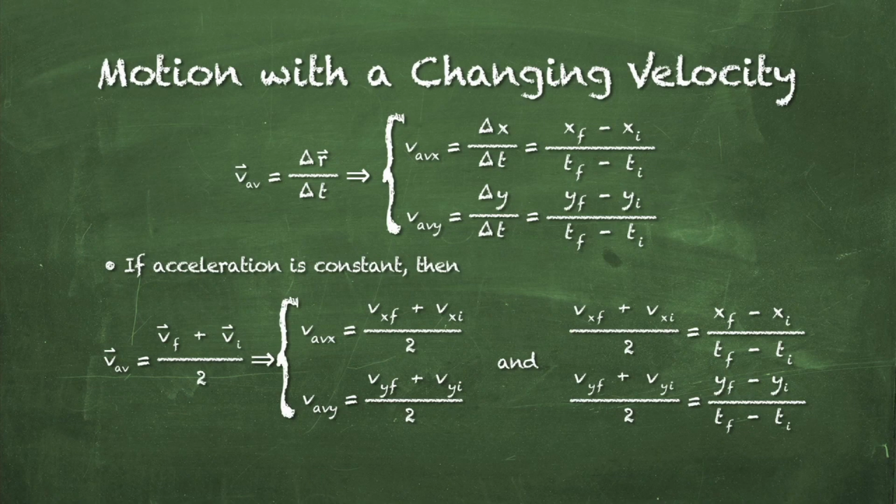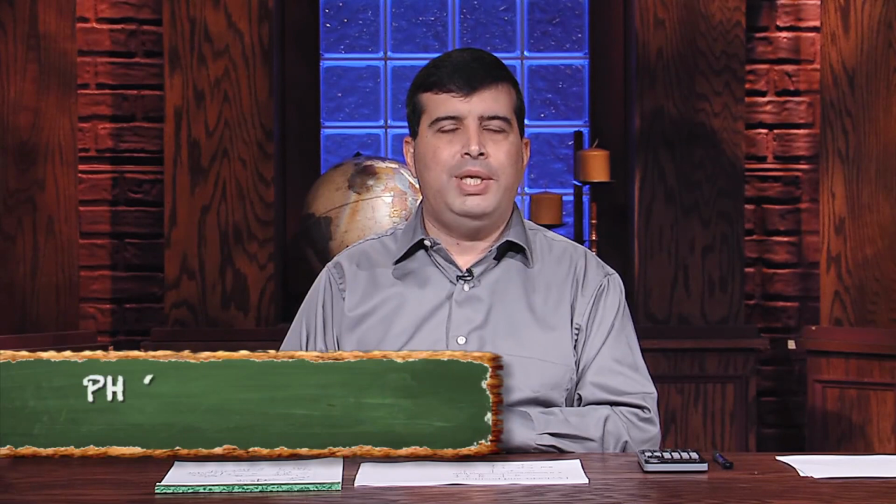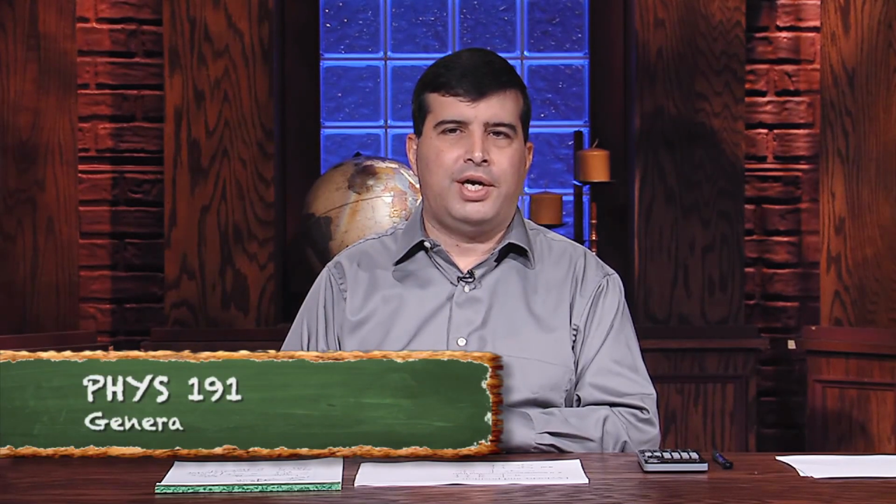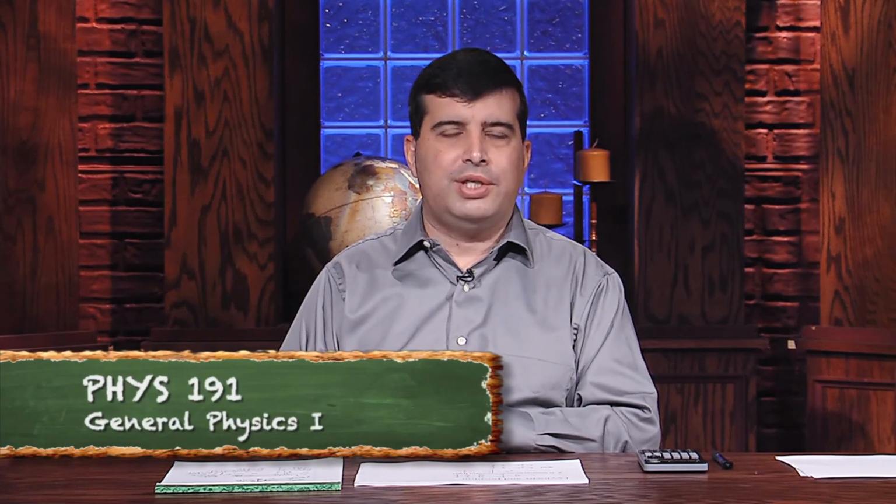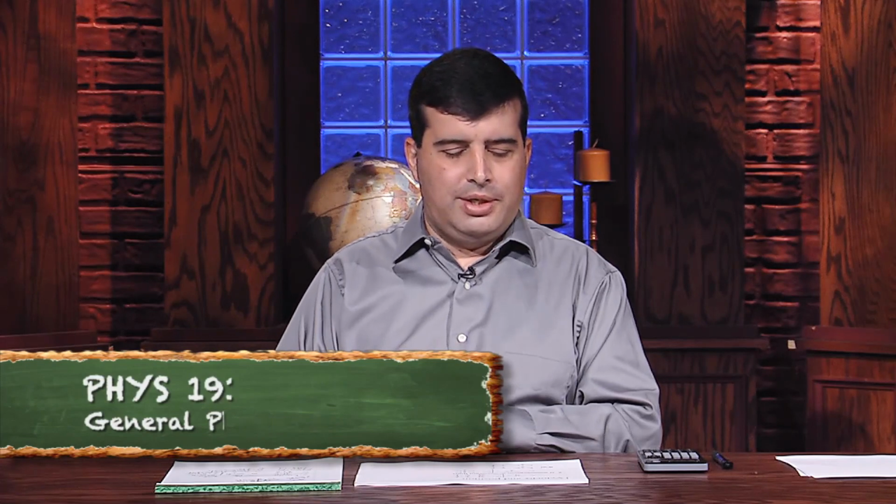What I mean by that is we can always break up our situation into pieces of time, into blocks of time where the acceleration is constant. That is actually what makes this Physics 191 algebra-based physics, as opposed to calculus-based physics.